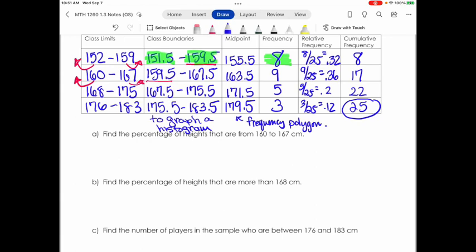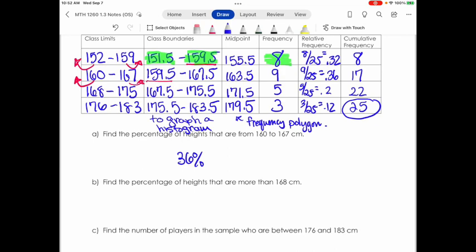So that is the second row, and the percentage, which is from the relative frequency, when we look at that row, we can say there's 36% of the values lie between and on 160 to 167. So we're including the 160 and the 167, and then all the values in between.